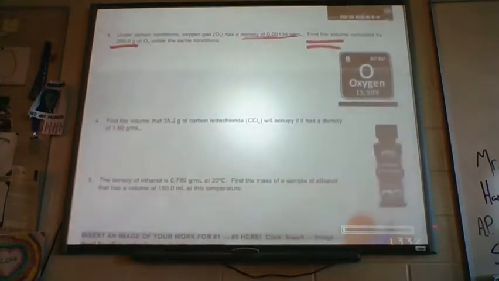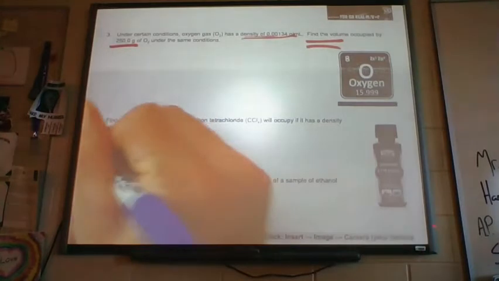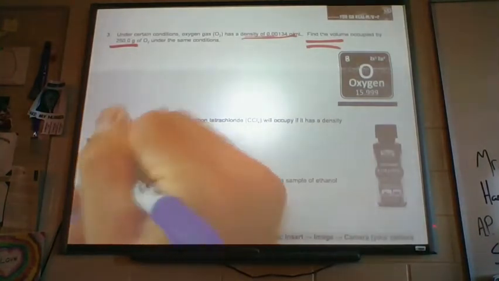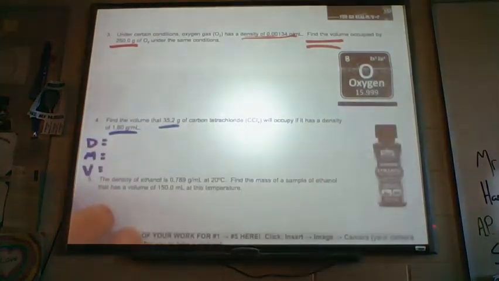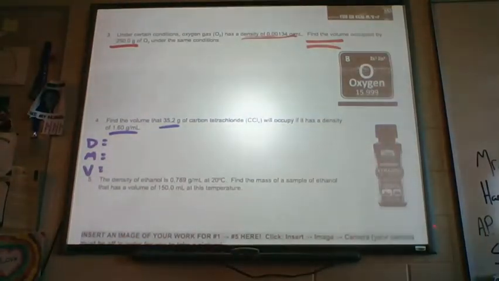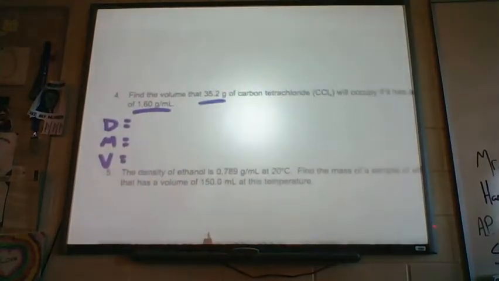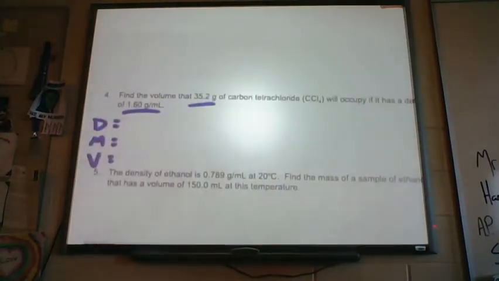All right, if you look at question 4, remember, when we are doing these problems, we are always picking out our variables, right? So what is my density? What is my mass? What is my volume? These are all very important things.